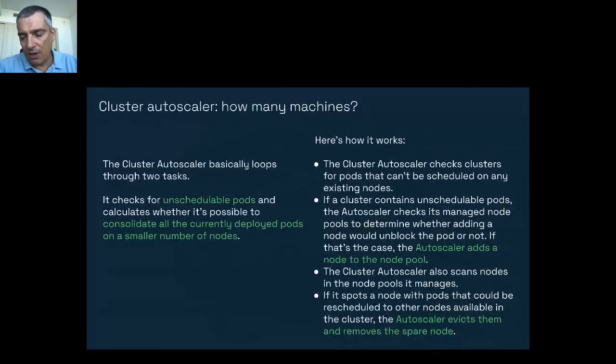Finally, the third autoscaling element is what I call the cluster autoscaler. That's the answer to how many machines I need, but also what kind of machine I need. And also, maybe I need more than one family. Example of the Spot instance.